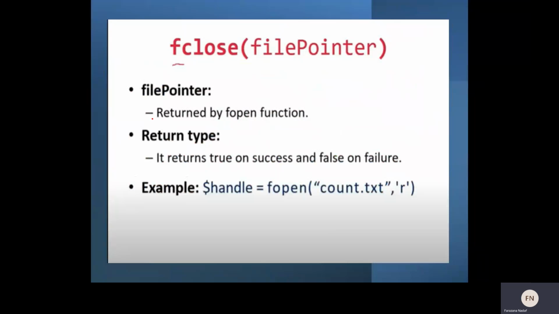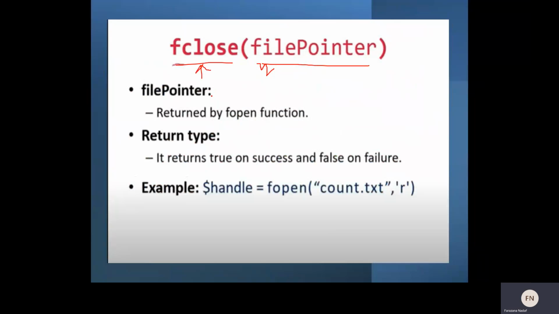Last comes the fclose function. Why is the fclose function used? Whenever the file is opened for a read or write operation, the file pointer has to be closed, either automatically by the system or mandatorily by using the fclose function. We need to provide the file pointer as a parameter to fclose.